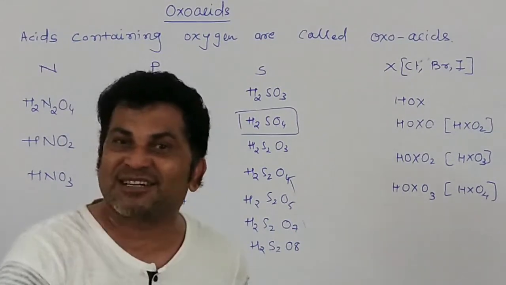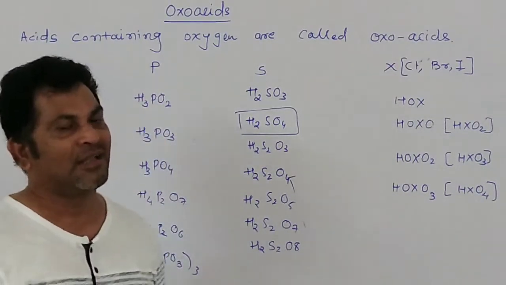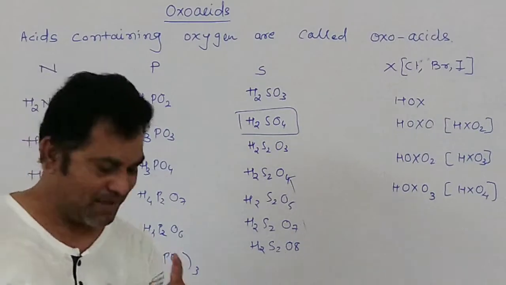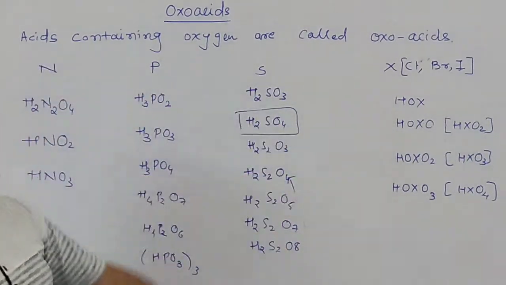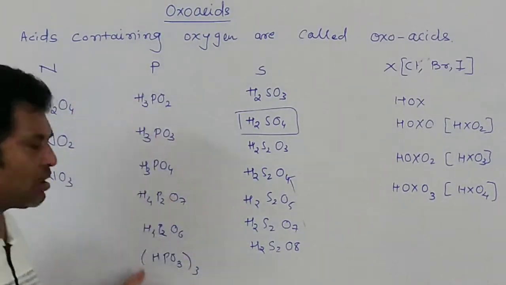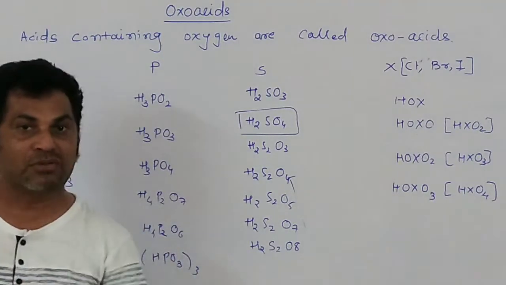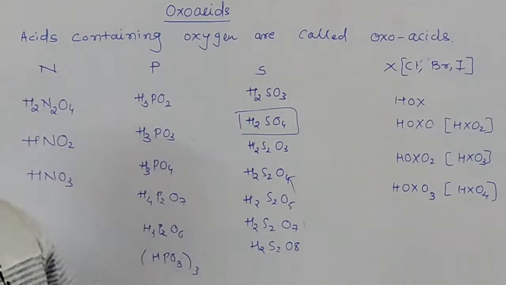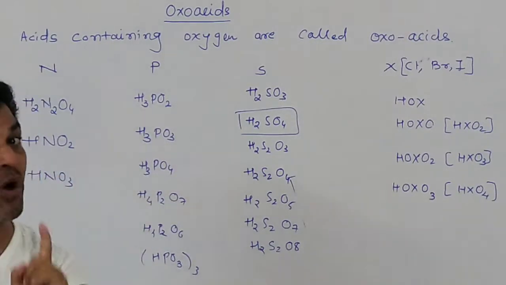Once you understand the structure, automatically you will get an idea of the name. So I am not showing the names just now. You just have to see the bonding and remember the compound formulas. Okay, these are the oxo acids, so hope that you understand.